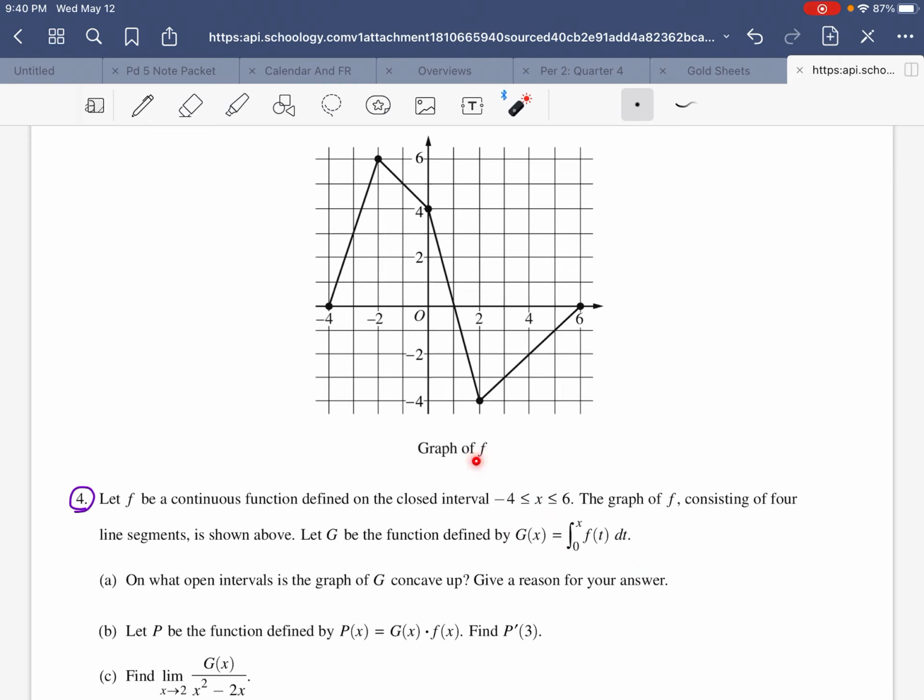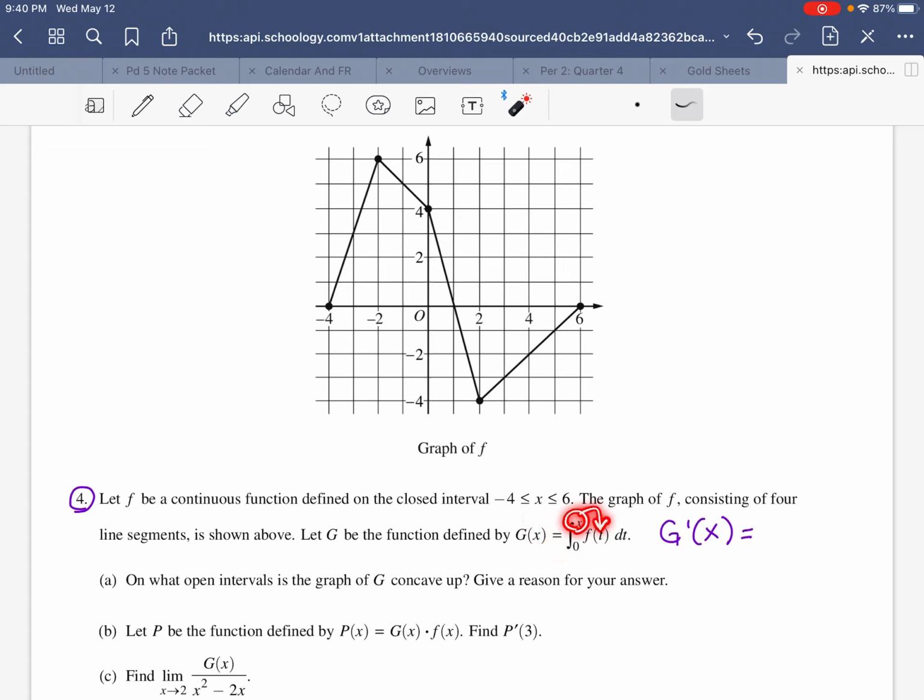Well, as soon as I see a graph that says it's the graph of f, but then they give me a function for g, just like we practiced this past week, I'm going to immediately take the derivative of g, so g prime of x. If I take the derivative of this integral, it's my fundamental theorem of calculus.